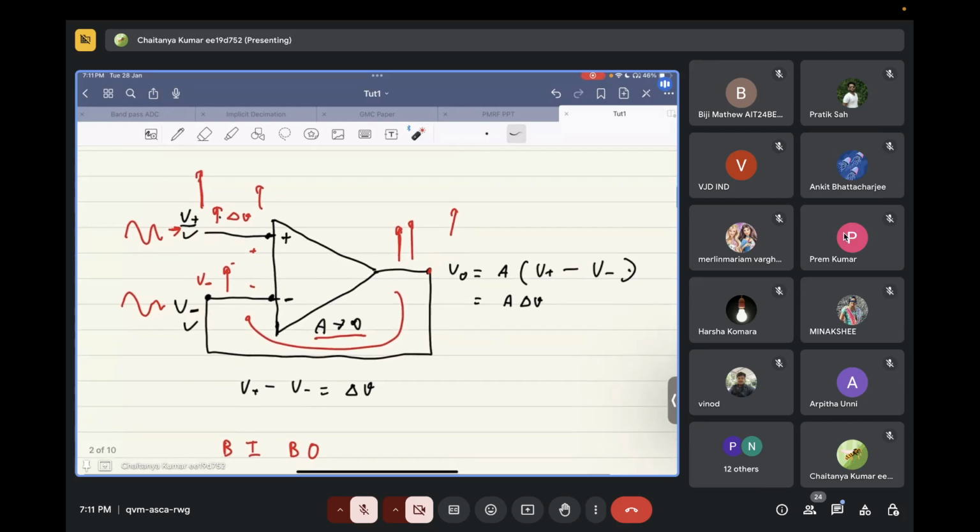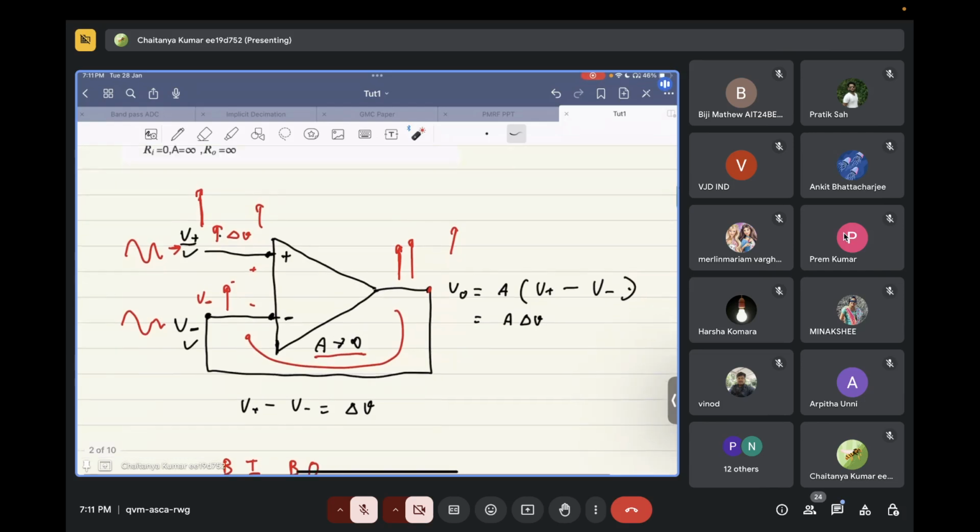Using this concept, we build several circuits like inverting amplifier, non-inverting amplifier, summer, averager, and whatnot. All the op amp circuits that we see work on this basic principle that a high gain op amp is connected in negative feedback and gives you a virtual short. Now, why do we need infinite input resistance?